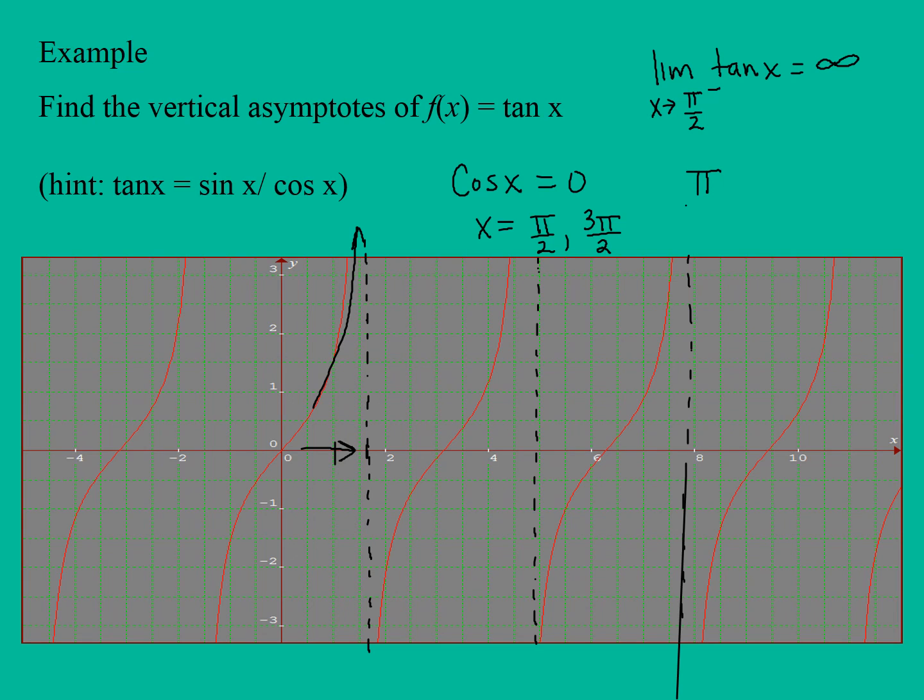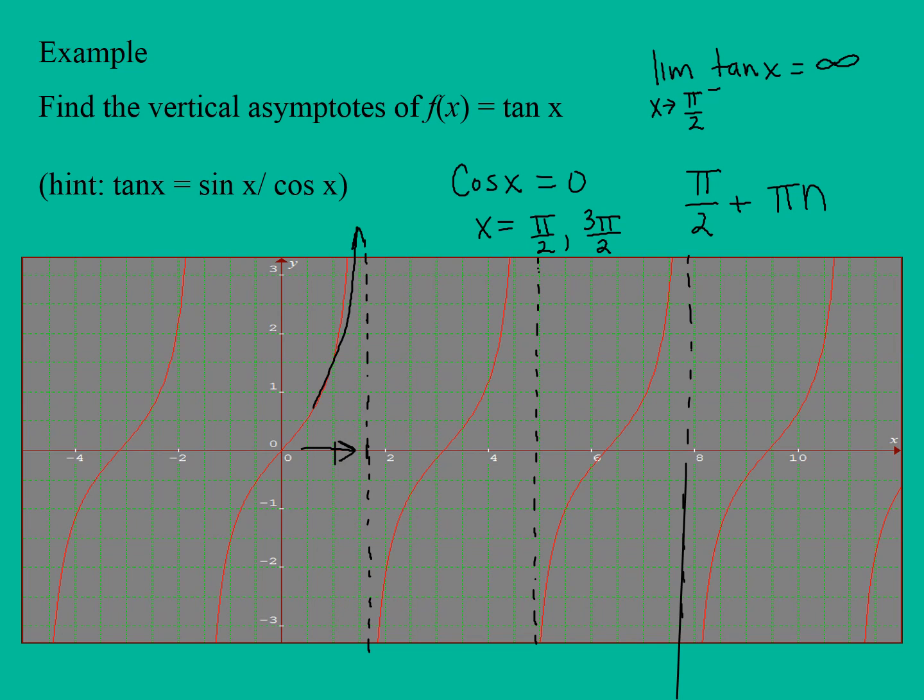So if we wanted to represent all of those values, we could say at pi over 2 plus, now to get to 3 pi over 2, we'd have to add another pi. And then if we're at 3 pi over 2, we could add another pi to get to that value again. And so we would be adding values of pi.